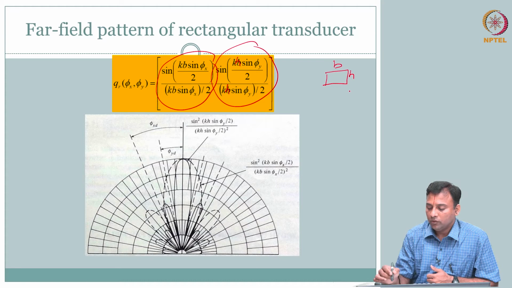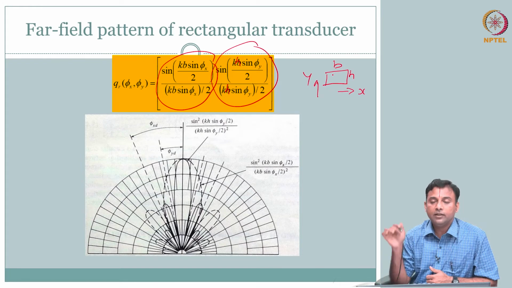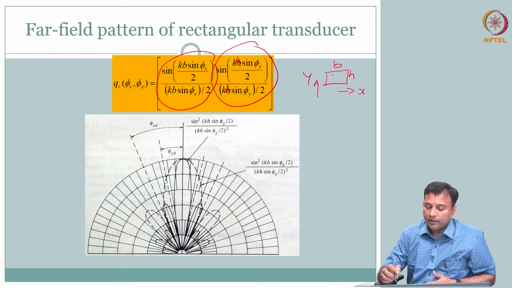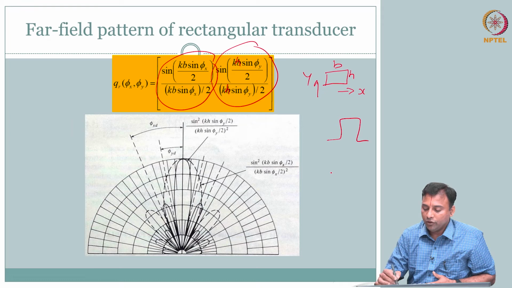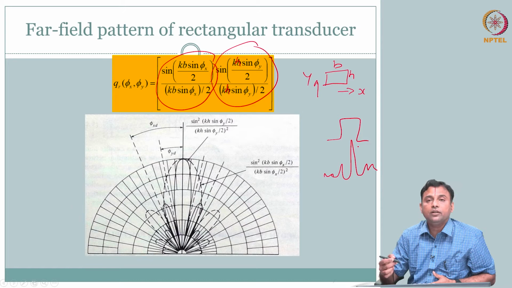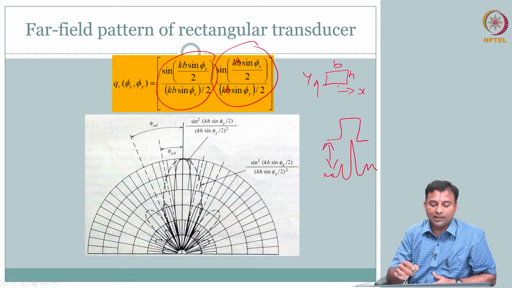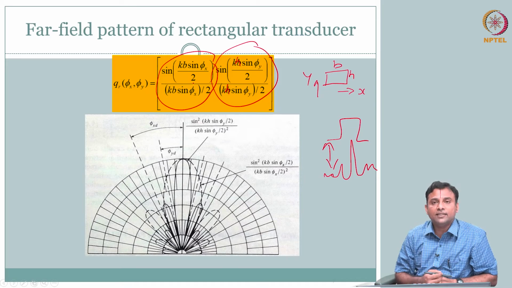This is your x direction, this is your y direction, z is in and out of the plane. So clearly if you had a rect function, sinc is your Fourier transform. Here you can see this as sinc in one direction, sinc in the other direction. That is why, oh, I have a rect here, sinc square.